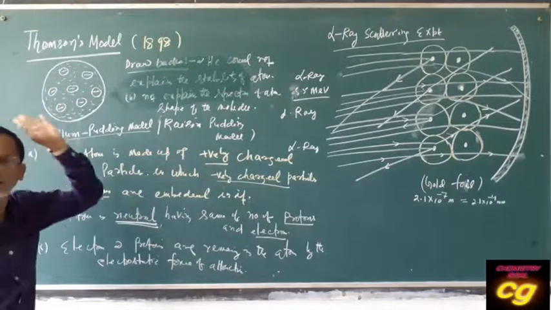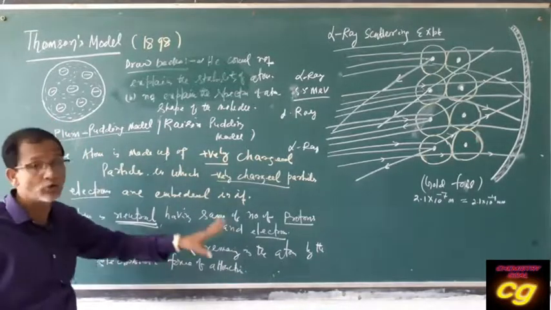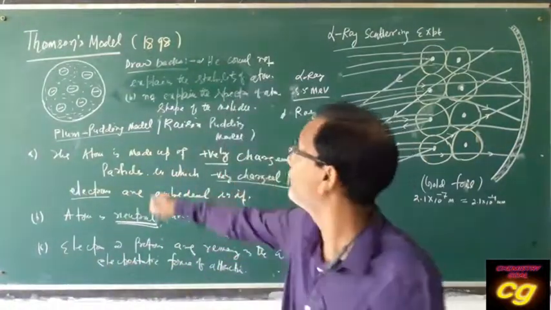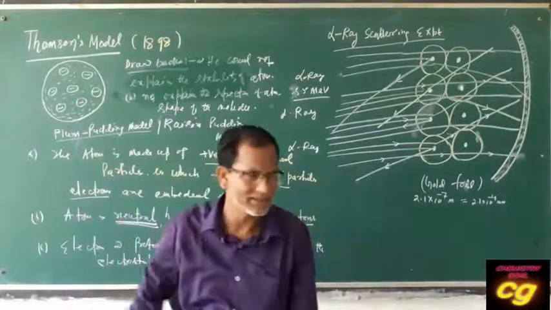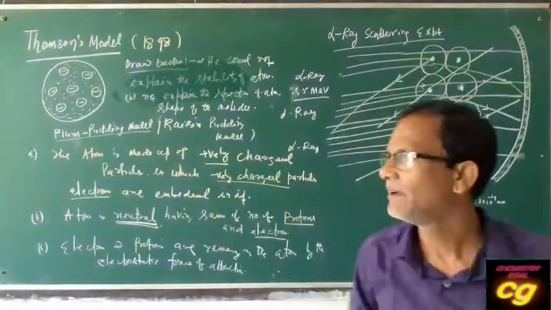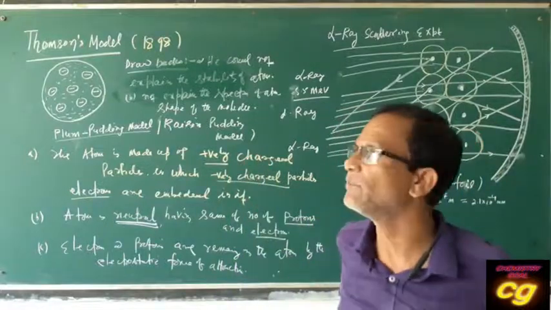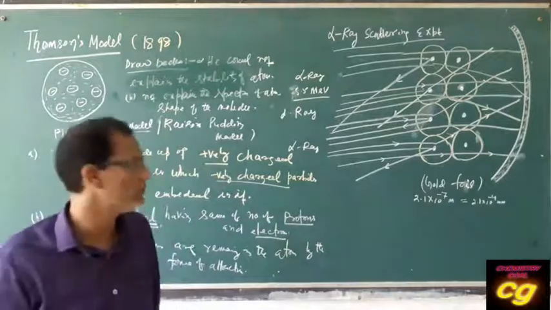As per the Thomson model, the whole atom is positive charge, and electrons are embedded in it, means electrons are fixed in different positions. So these are some drawbacks of the Thomson model.